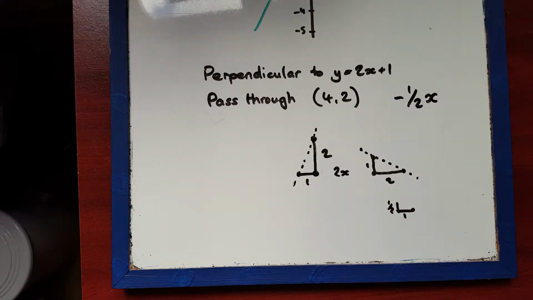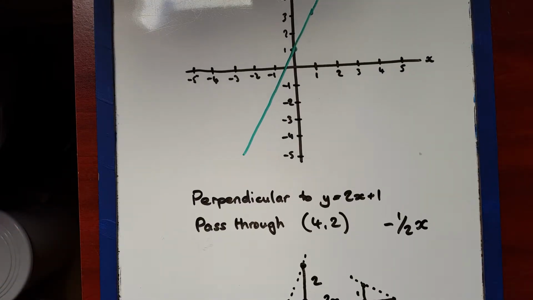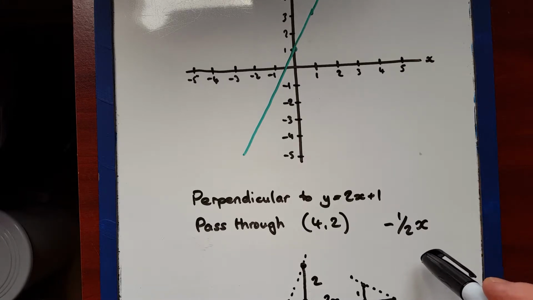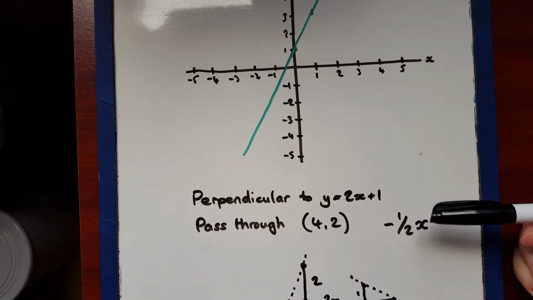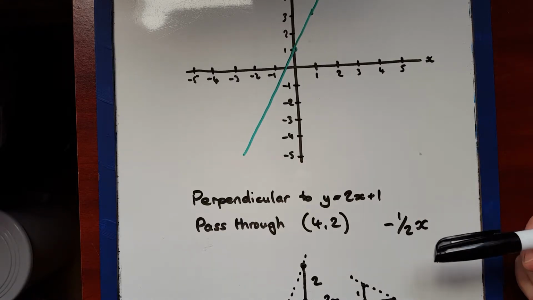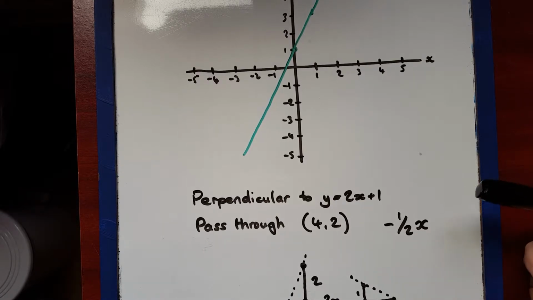Now, how do we work that out quickly? Well, it's quite easy, actually, because I already told you it's negative, because it goes backwards. It's also the reciprocal. The reciprocal of 2 is a half. To find a reciprocal, you simply put 1 over the top of a number. So the reciprocal of 2 is a half. The reciprocal of 3 is a third. The reciprocal of 10 is a tenth.